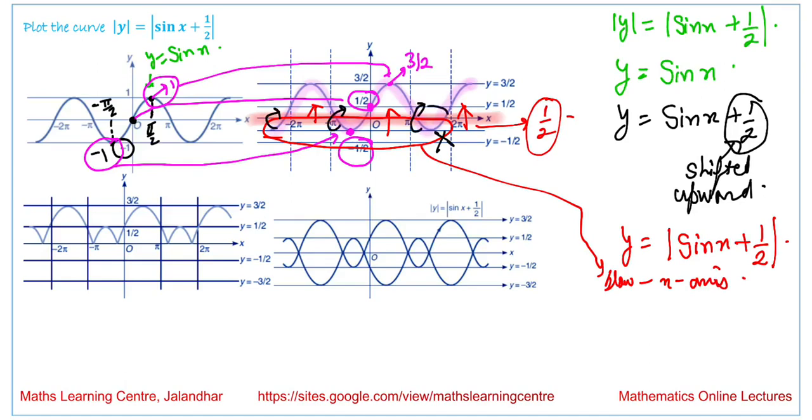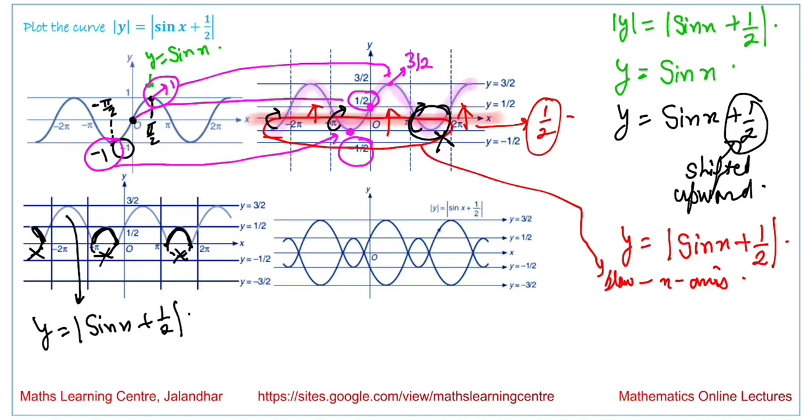Earlier this was the portion over here, we have discarded it. These are the images of these portions along the x-axis. So this is the graph corresponding to y is equal to mod of sin x plus 1 by 2.